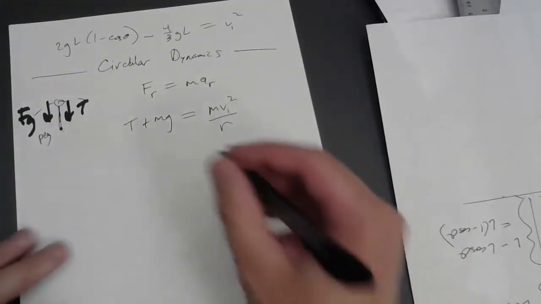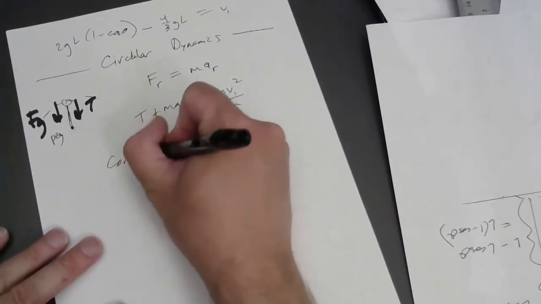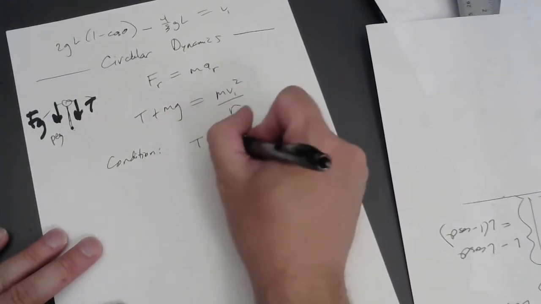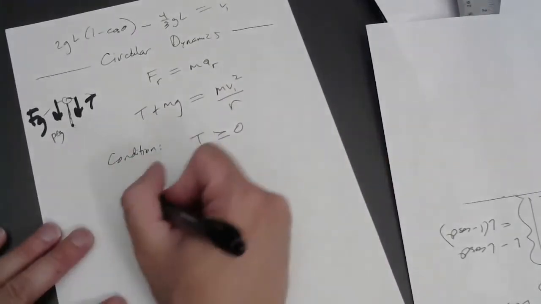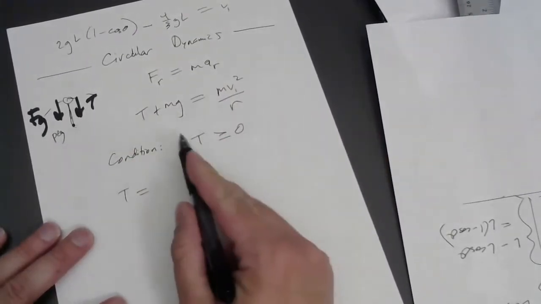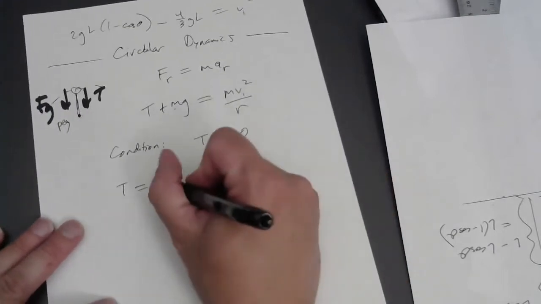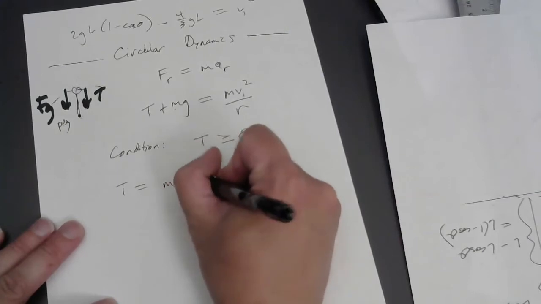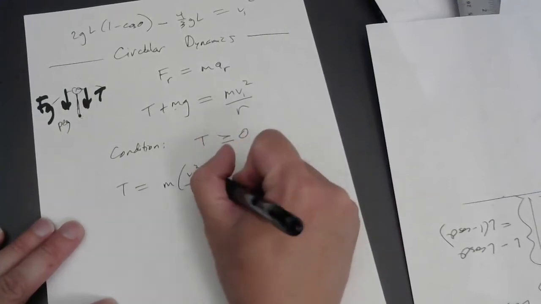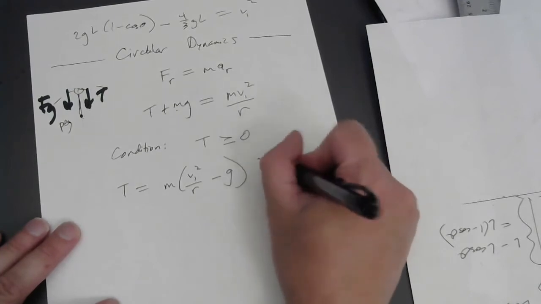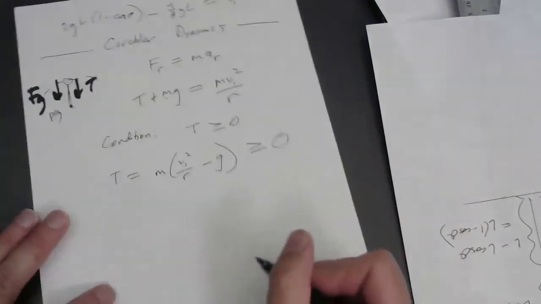Now the condition for the rope not going slack is that the tension has to be greater than or equal to 0. So if I solve for T, I'd have a negative mg over here. How about I factor out the m? It would be m times (v1 squared over r minus g). That's got to be greater than or equal to 0.